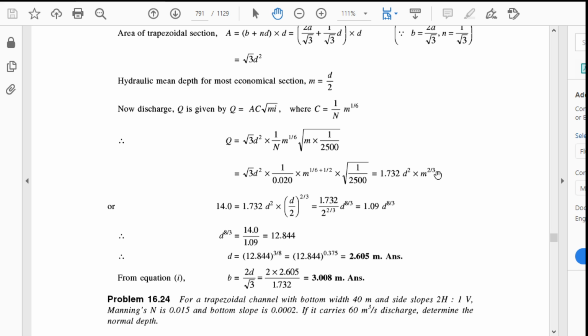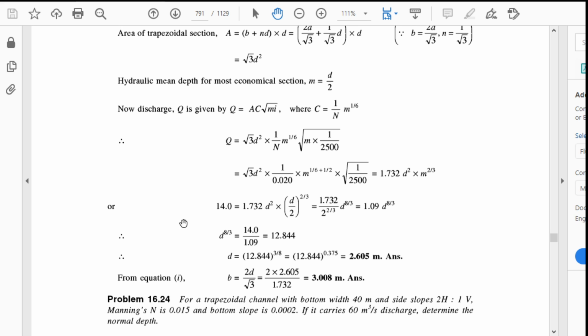Now here you can see that the only unknown is d. In place of m we can write d by 2, since m can be written in terms of d. So substitute d by 2 instead of m. You will get Q equals 1.732 d square into d by 2 raised to 2 by 3.